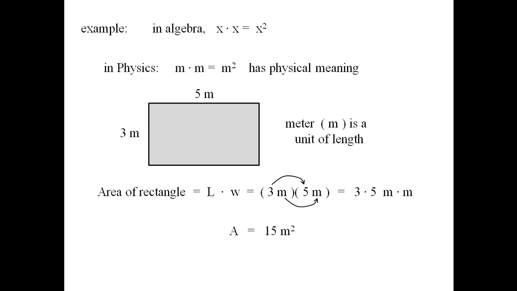So meter squared is a unit of area. This region represents roughly 15 square meters, and this region would represent 15 square meters of area.